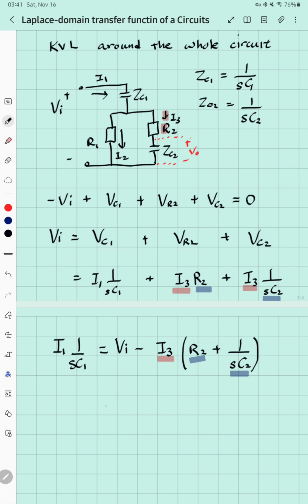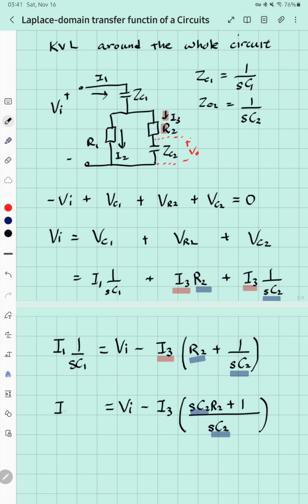We need to expand a little, so it's VI minus I3. We're trying to kind of have a form SC2R2 plus 1. Later we'll put it back to like R2C2, but for now I'm just kind of following exactly where we were. This one, okay.